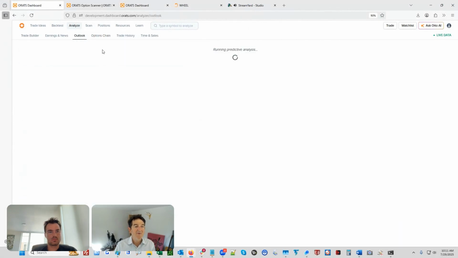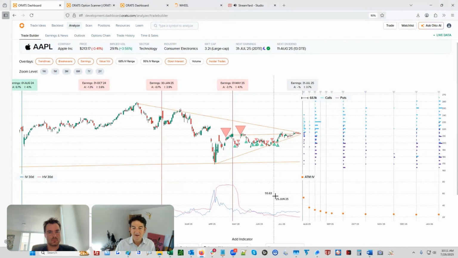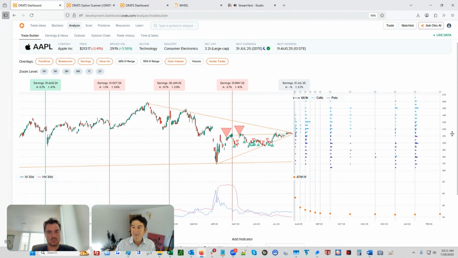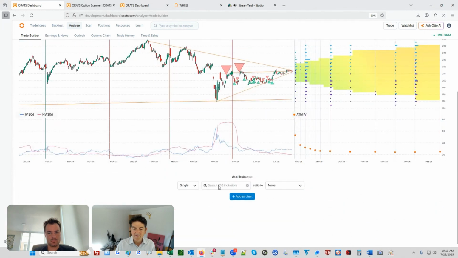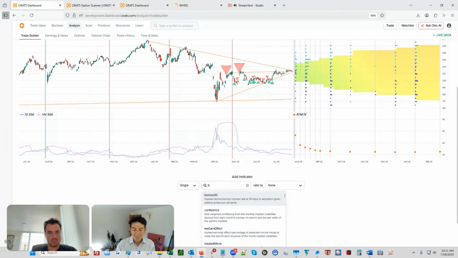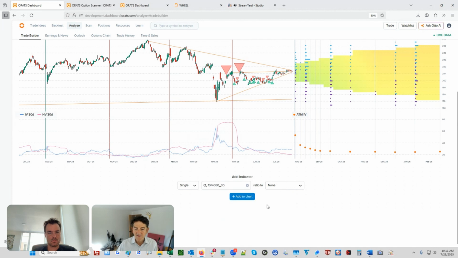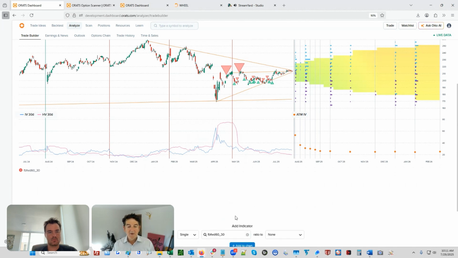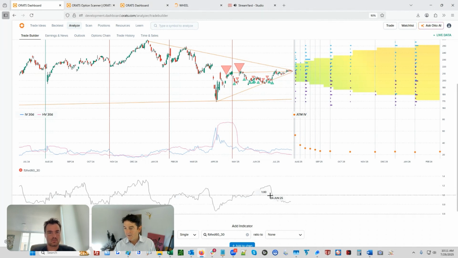And then we could go to the trade builder, right, to look at that. So on Apple, if we want to add this indicator, FB 6030, right? That's what we have. So here's 1, right? And here is where it is now, like we observed.